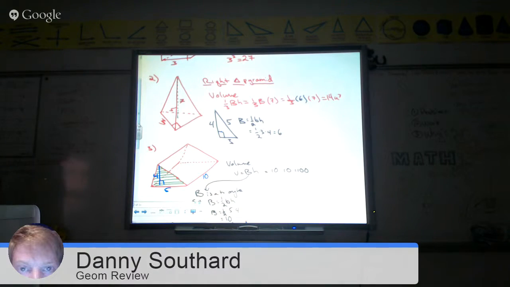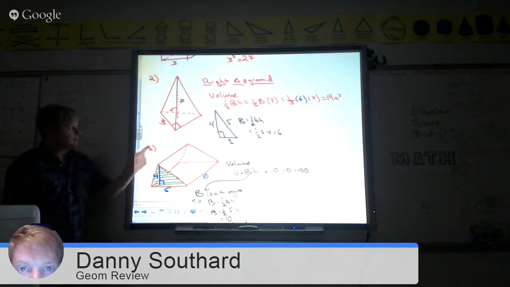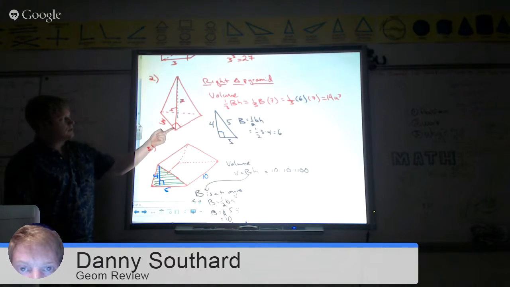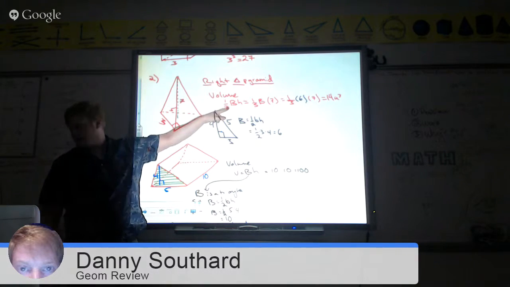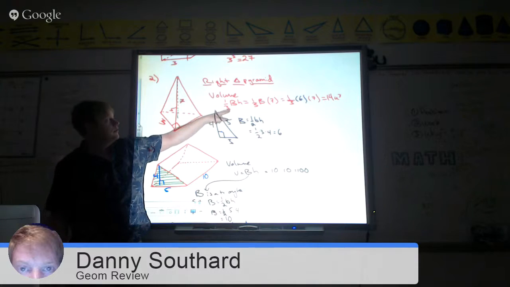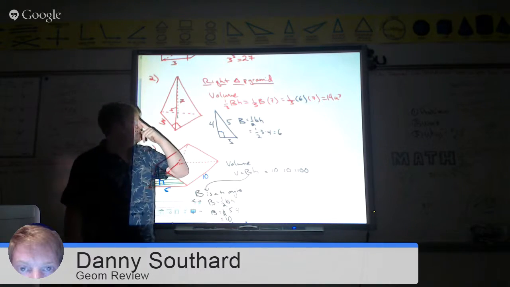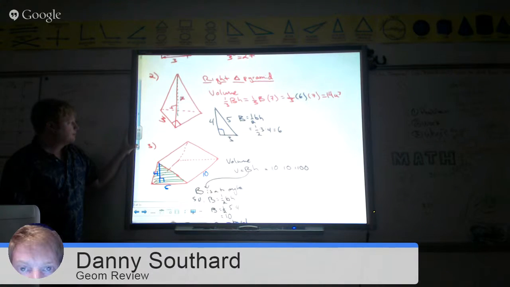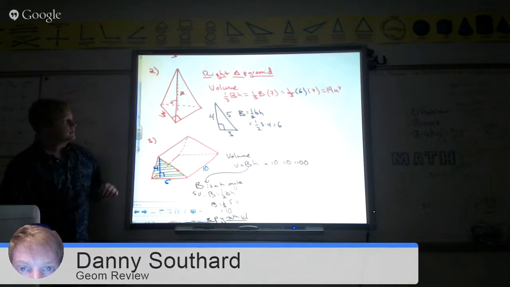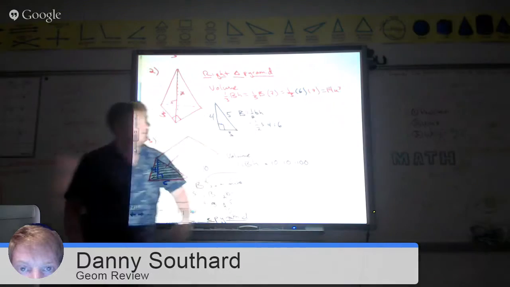Okay, this one was a little bit more complicated. It was a right triangular pyramid. The base of the pyramid was a right triangle. The formula, if you can see on your formula sheet, was 1/3 the area of the base times the height. Now, I think the part that gets confusing for kids is this big B. How do I find big B?